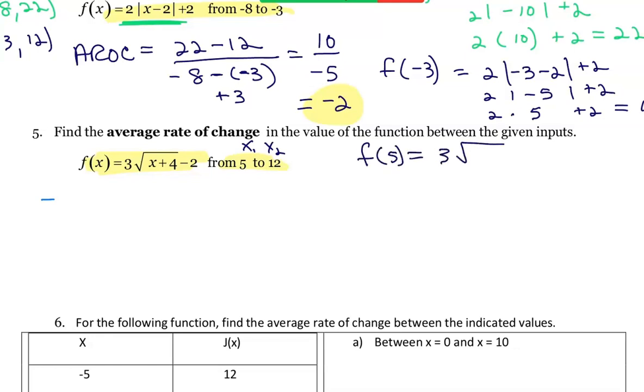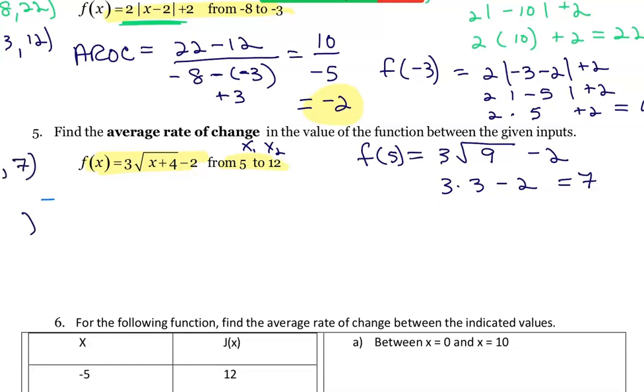So 3 times radical 5 plus 4 is 9 minus 2. Okay, radical 9 is 3. That's being multiplied, and then you subtract 2 away. So 9 minus 2 equals 7. Okay, so that's our first point. So what was it? 5, 7.